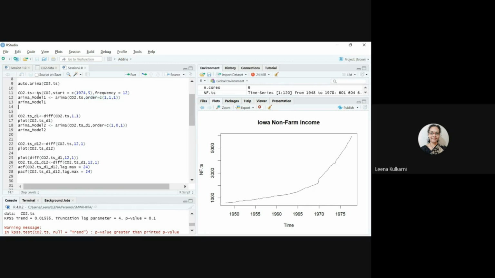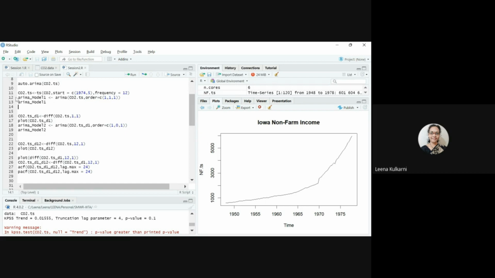Okay. So if we look at the plot of the time series, we all know that this is not stationary. This is not mean stationary. This can be variance stationary, but this is not mean stationary.